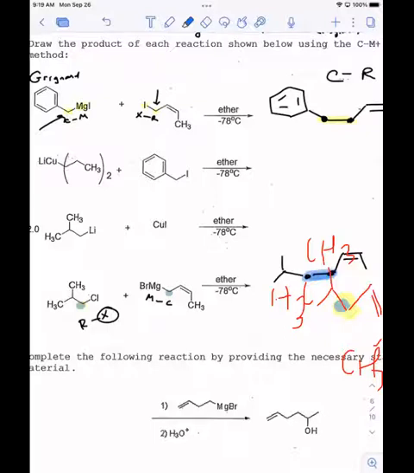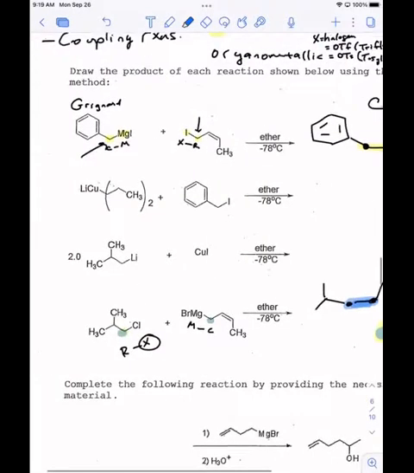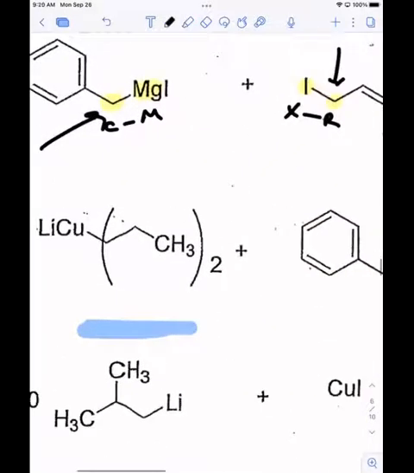All right, let's go back up to the top example. And we have what type of reagent is this one? We're doing this second example right here. It's a Gilman reagent. We know that because of the copper.